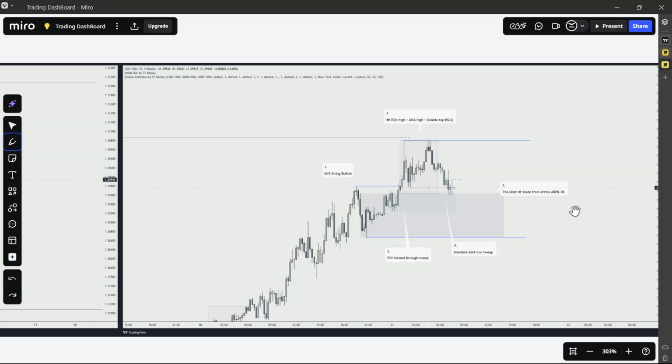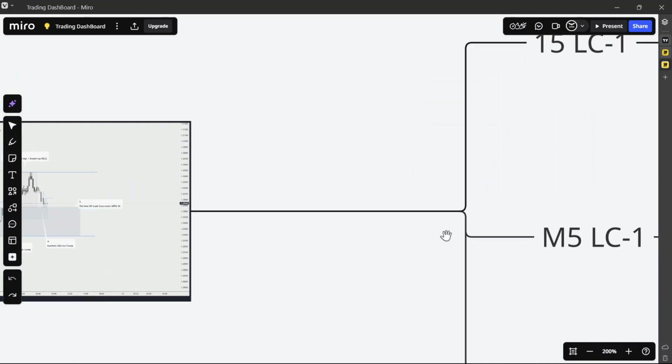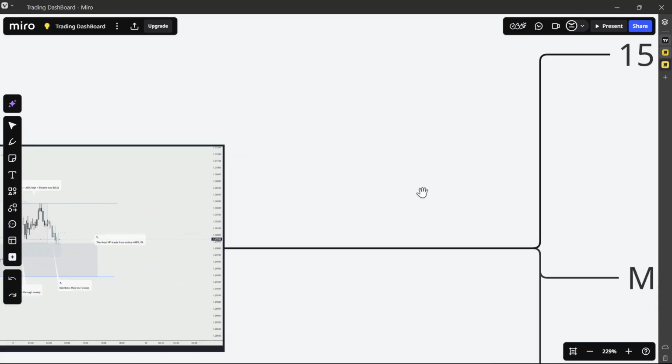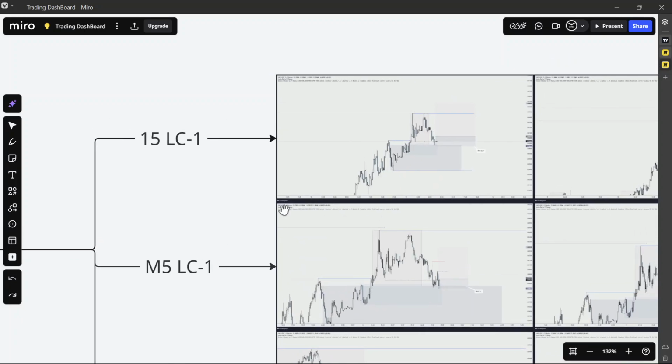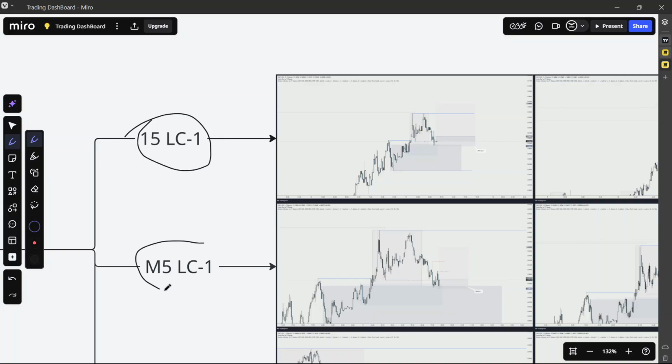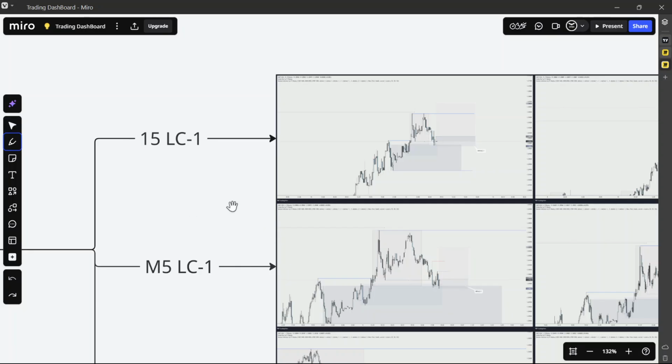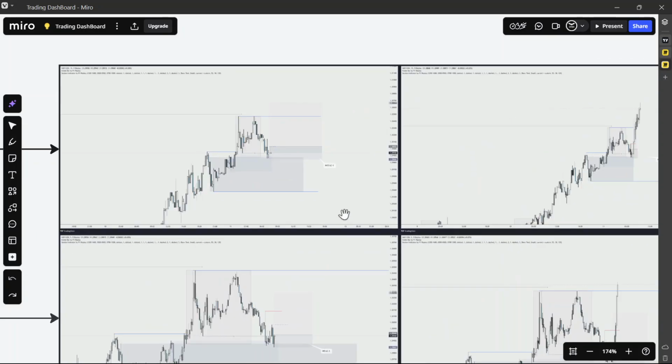So I quickly jumped to the execution part, and there were a few entry setups. The very first was M15 LC1 and the second was M5 LC1. Both trades were winning trades. Let me show you how it was formed.